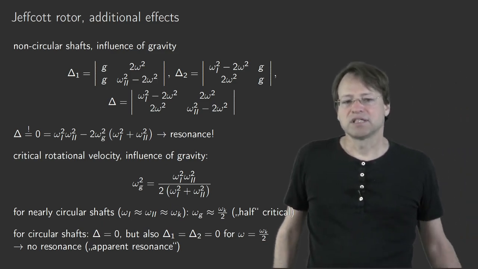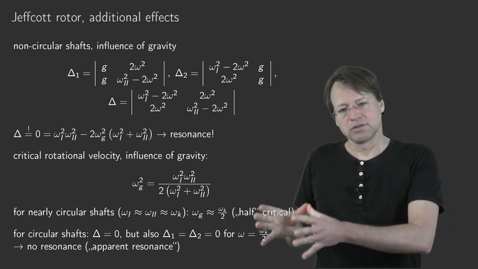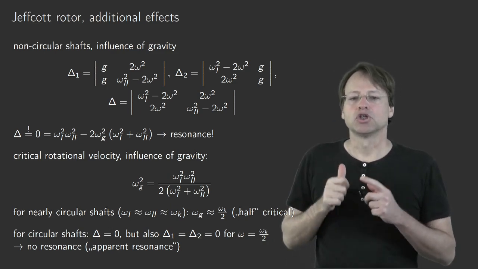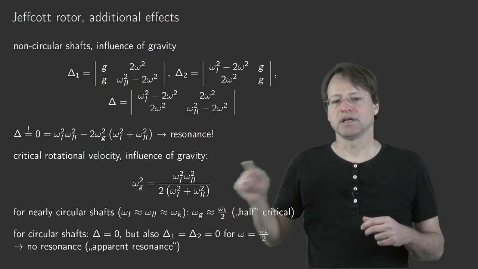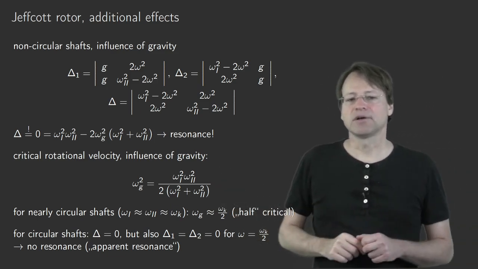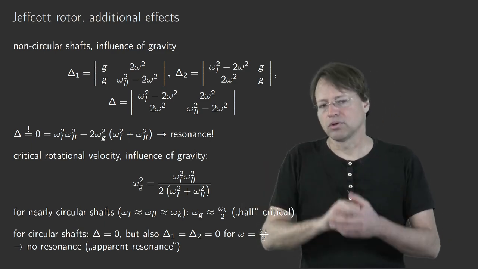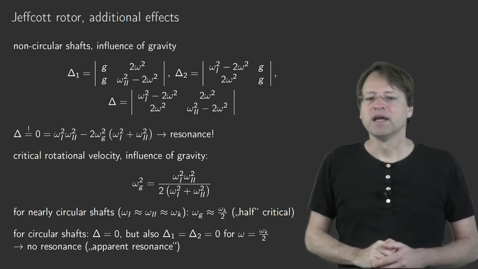So let me summarize the results until now. From the imbalance, the particular solution with respect to the imbalance, we found 2 critical speeds, namely omega 1 and omega 2. And these critical speeds are related to the fact that we have non-isotropic, orthotropic bending stiffness conditions due to the non-circularity.